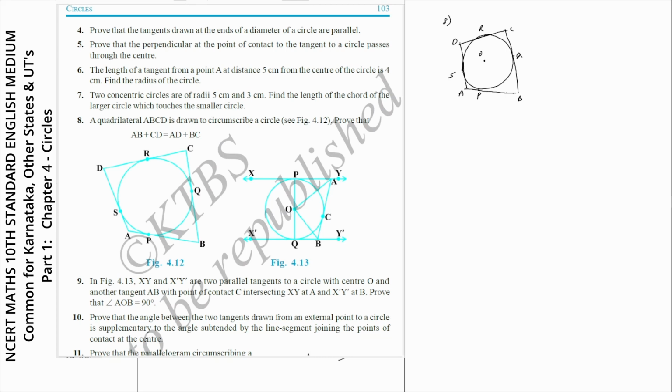So from this point of contact I will draw perpendicular. Those perpendiculars will automatically join the center.